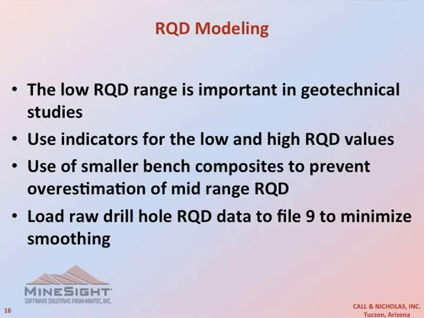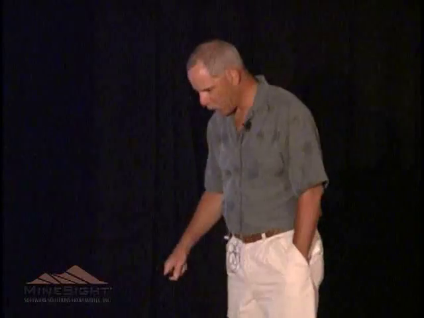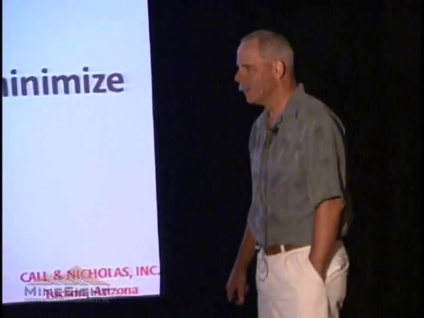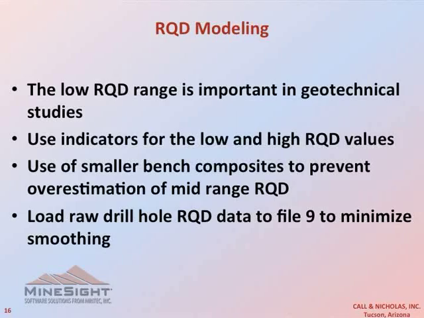So when we do RQD estimations, we're typically trying to retain the low-end RQD that is typically present in most drill hole databases. We usually see a bimodal distribution for the RQD. 0 to 10 RQD is very well represented, and we usually have a high end also that is represented.